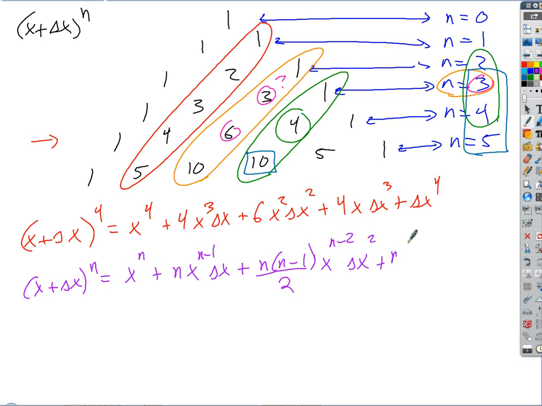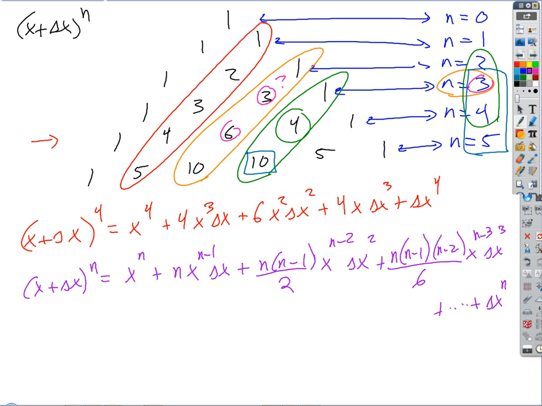So the next one is n times n minus 1 times n minus 2 over 6, times x to the n minus 3 delta x cubed plus dot dot dot all the way over to, what's our last term? Well, it's delta x to the n, right?